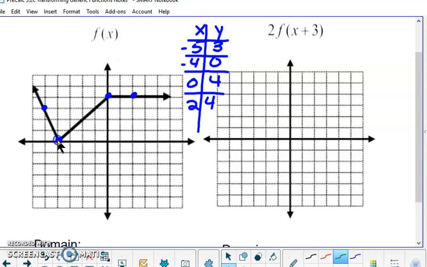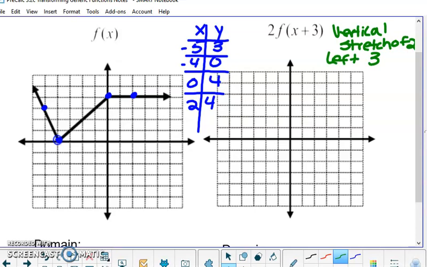Okay? Now this graph here looks like it was a vertical stretch of 2. And it went left 3. Okay?